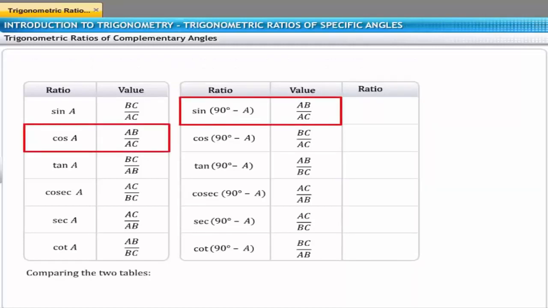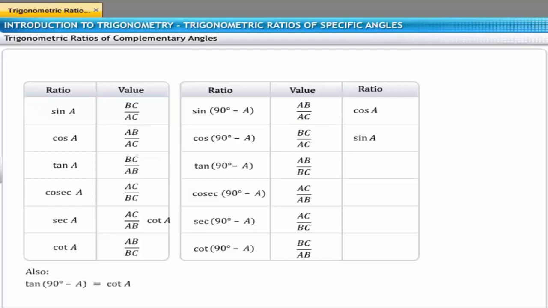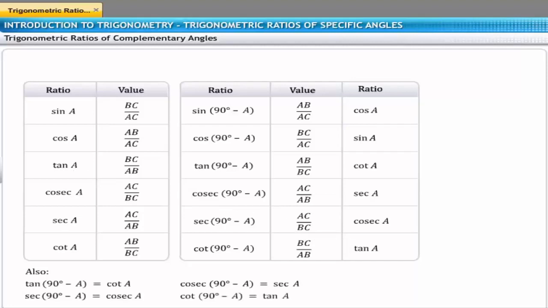Comparing the two tables, we see that the value of sin 90 minus A, that is, AB upon AC, is also equal to cos A. Similarly, we see that the value of cos 90 minus A, that is BC upon AC, is also equal to sin A. Similarly, we can find relationships between the other trigonometric ratios of angle A and its complementary angle.